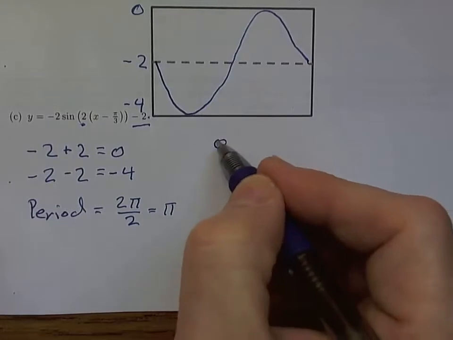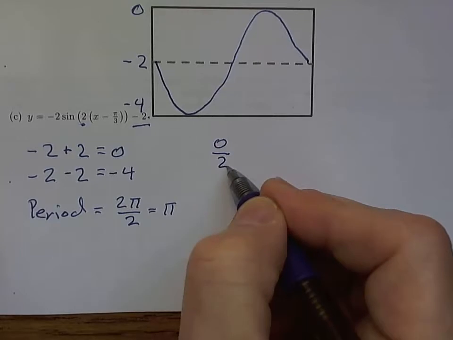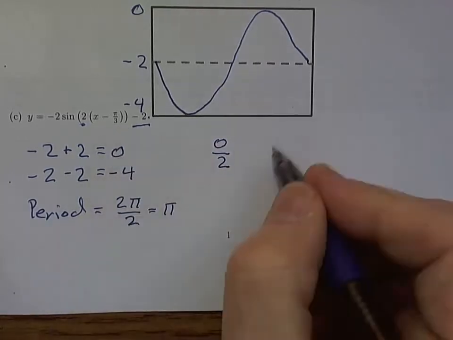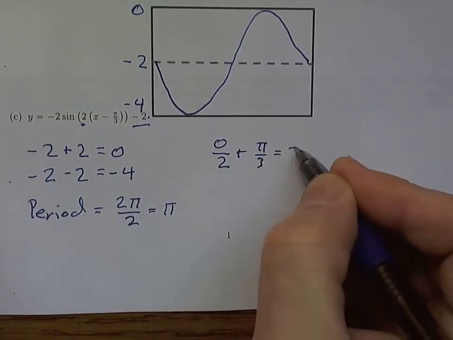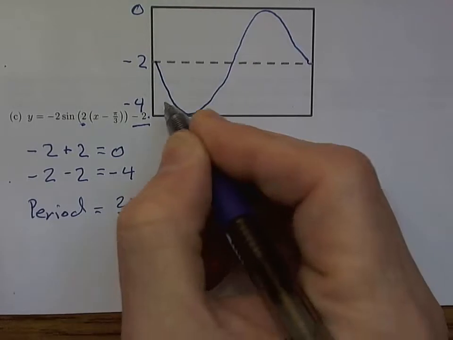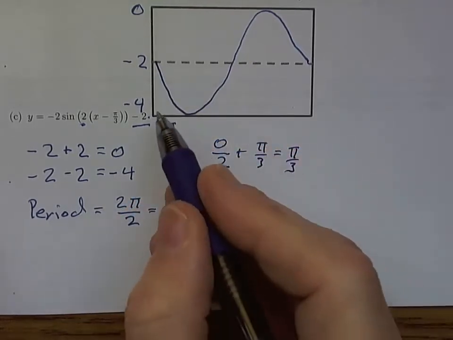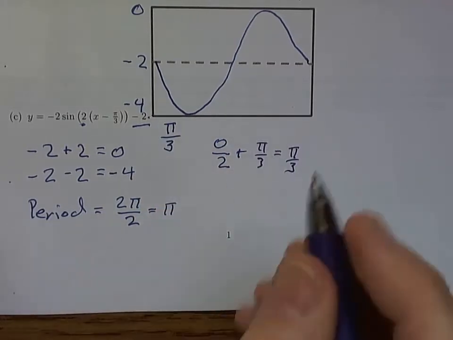Normally the graph starts at 0, so let's take 0 divided by 2, and we will add pi over 3. So this is pi over 3. So that's where the graph starts, at pi over 3. Okay? That's where this particular period that we're looking at starts. Now what about where it ends?